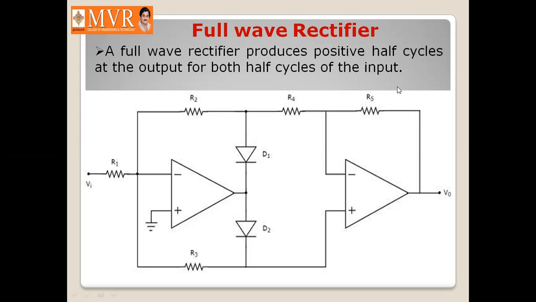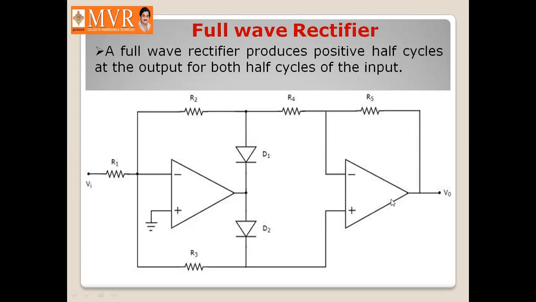And the circuit of the second operational amplifier, if you consider this circuit, is going to act as a non-inverting amplifier. So when the negative signal is given, the current produced by this op amp is positive, and this will be applied to the non-inverting input of the second op amp.